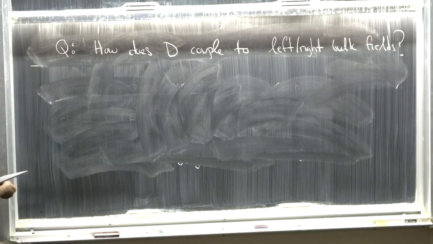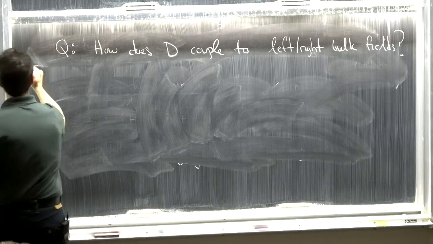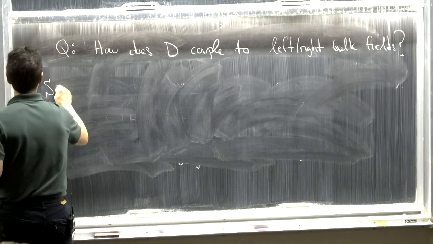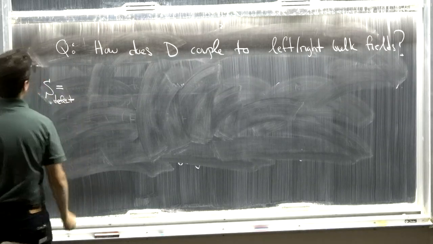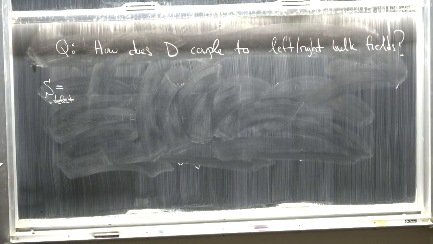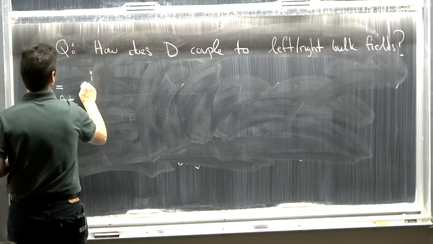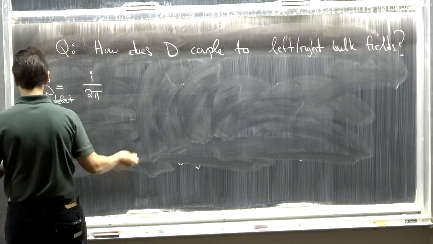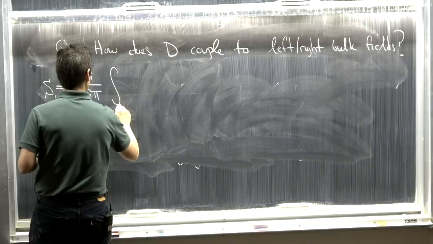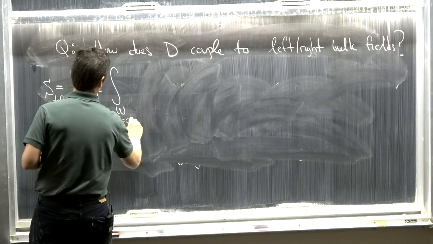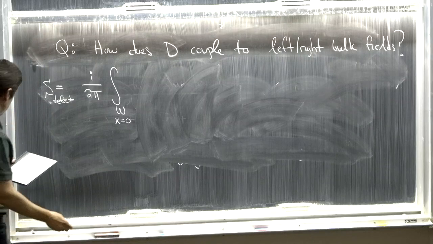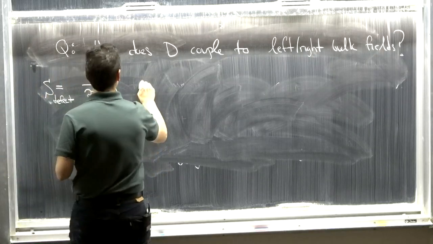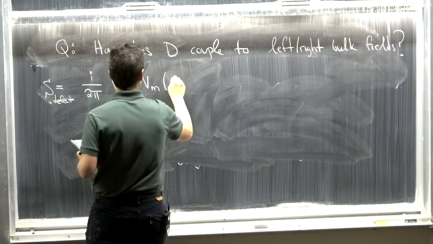Okay, so I'm going to pull something out of a hat now, but then we'll be able to verify it. S defect. This is going to be the action on D. It's an integral only over the world volume of the defect, W. And it has various ingredients that I will write.